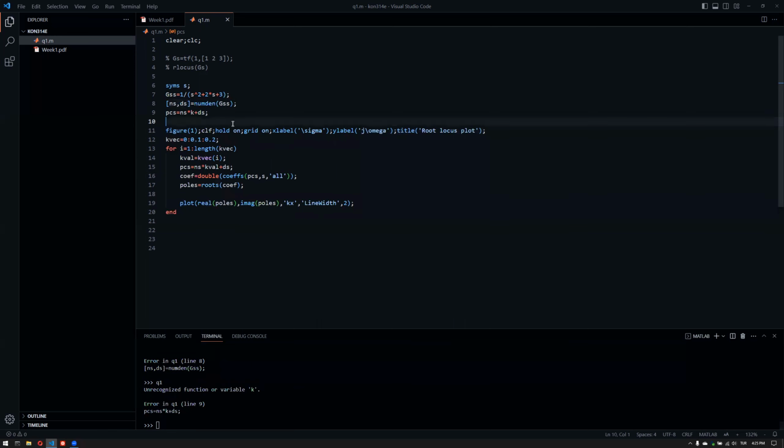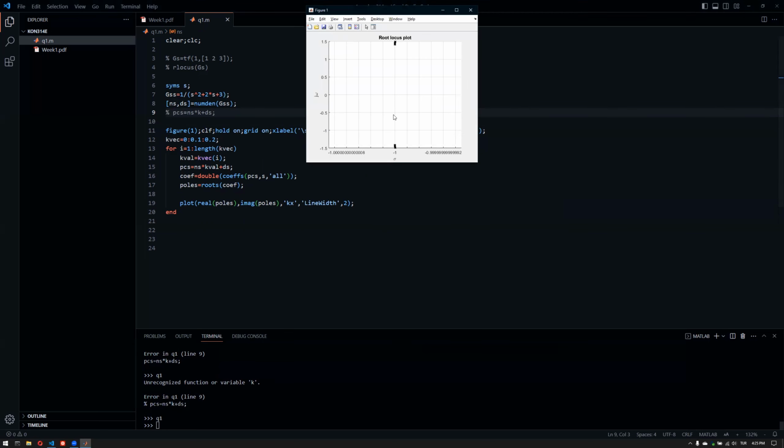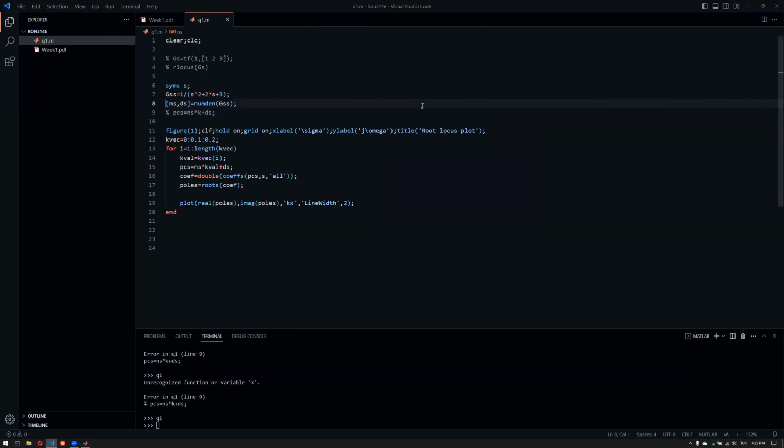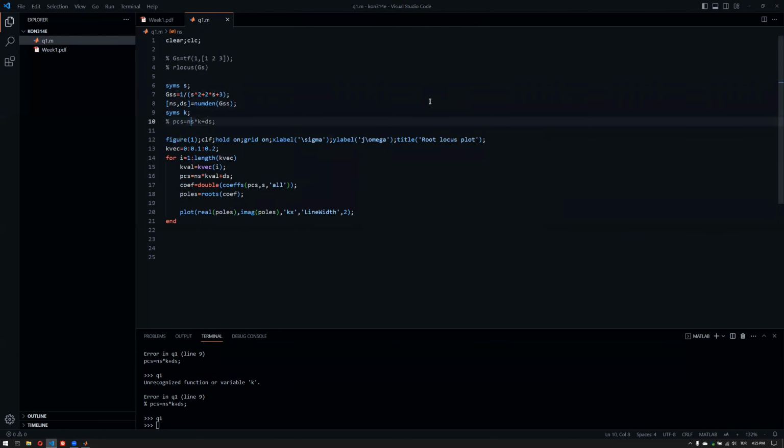So it asks us what K is because this doesn't exist. There we go. Of course, it does exist, but we didn't basically define K. So what we can do is define K and then open this in order to see what the characteristic polynomial looks like, which is PCS, which looks like this.